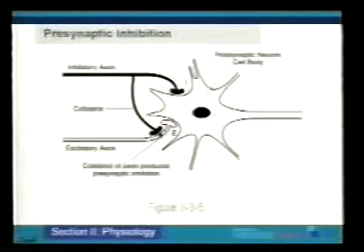Now, we know a transmitter at one of these collaterals is GABA, so GABA does function as an inhibitory transmitter here. You might also want to be aware of the fact that at the presynaptic membrane, at adrenergic synapses, you can have alpha-2 receptors, and the transmitter norepinephrine can act presynaptically on these alpha-2 receptors to inhibit synaptic transmission.